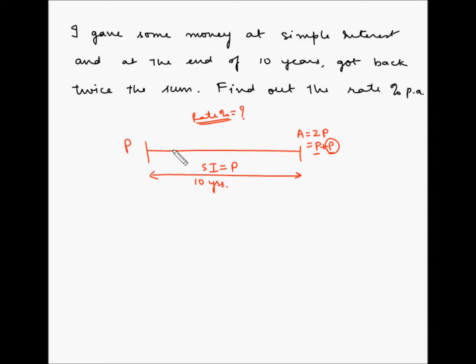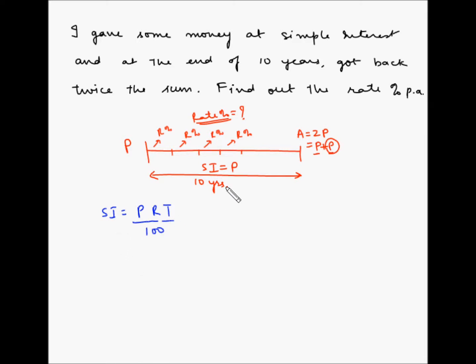So here for each of the years the rate is R%, which is the same for each of the years. So now here we know the simple interest is equal to principal multiplied by the rate of interest per annum multiplied by the time frame in years divided by 100.